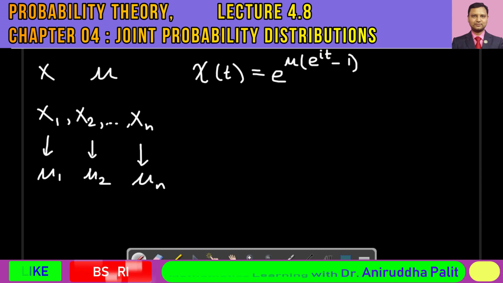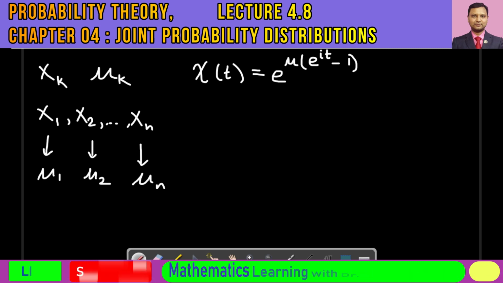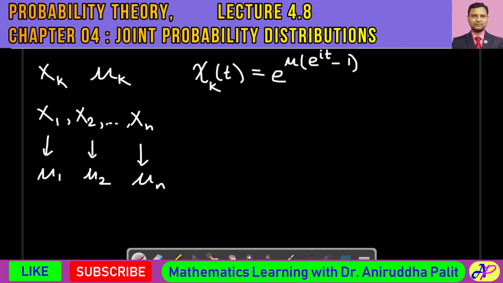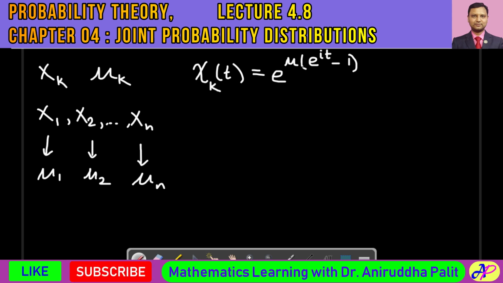So what would be the parameter of the kth random variable? That would be mu k. Therefore, its characteristic function can be written as phi k of t is equal to e to the power of mu k into e to the power of it minus 1.